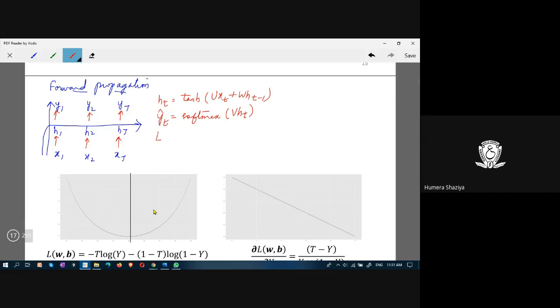And what will be the loss? In forward propagation, loss is generated and computed.